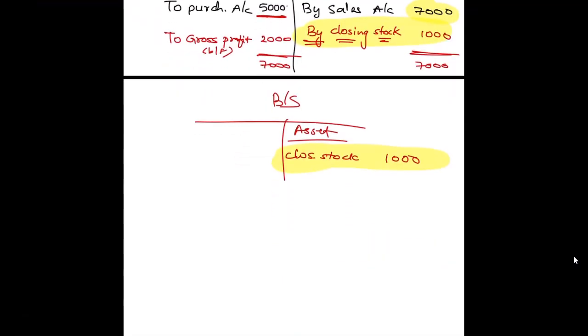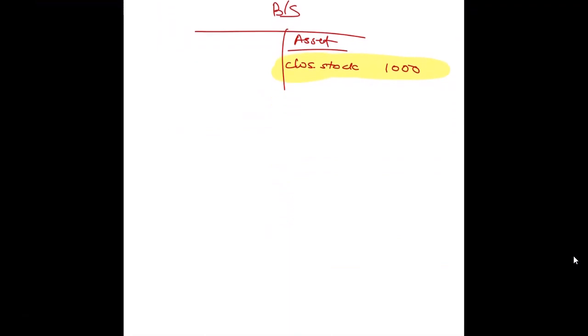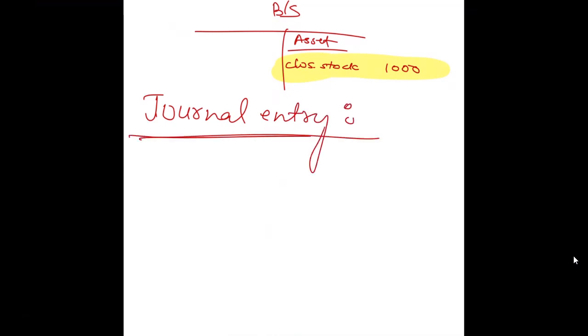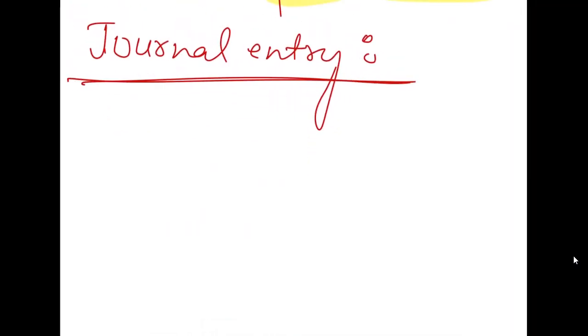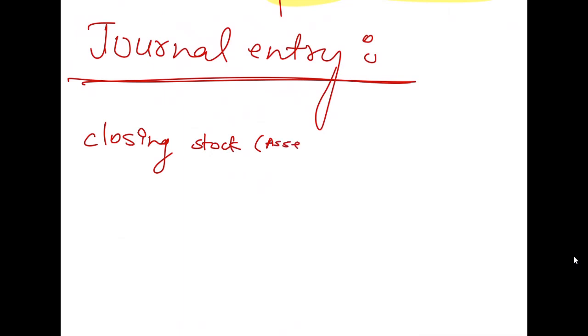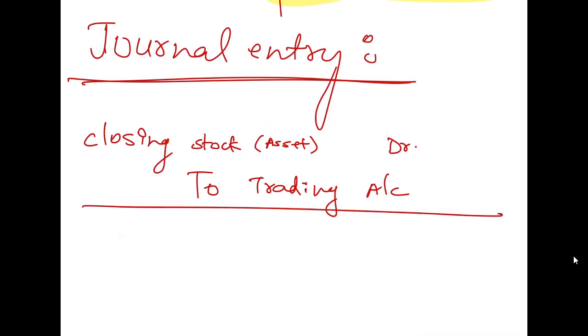So, sir, do we need to pass any journal entry? The answer is yes, there is a journal entry behind it. Sir, what is the journal entry? Can you tell us? So it is closing stock, in the bracket, asset, debit to trading account.